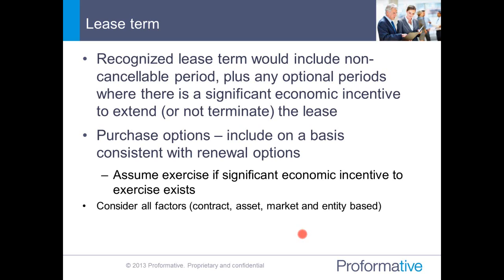Purchase options are also going to be included if there is a significant economic incentive to exercise, basically meaning if the purchase option is a bargain, and then it's got to be included in the minimum lease payments, so that you basically have what you would have considered a capital lease under today's rules.